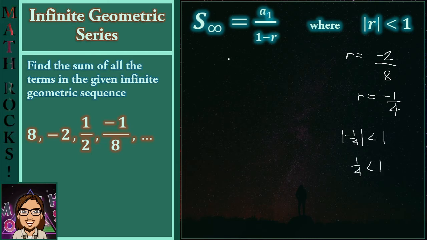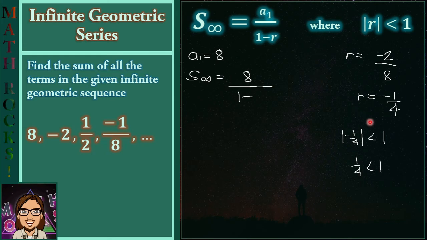So we may use this formula for us to find the sum of the infinite terms in the infinite geometric sequence. So having the sum of the infinite terms, which happens to be equal to our a sub 1. So again, your a sub 1 based on this sequence is +8. And this will be divided by 1 minus the value of the common ratio.